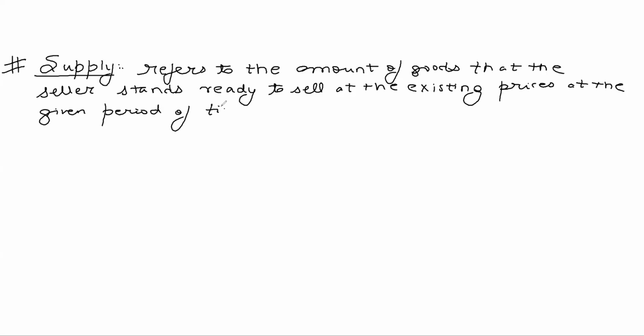So when we talk about supply, it is from the point of view of the firms or the producers. So supply refers to the amount of goods which the seller is willing to sell at the existing prices at a given period of time.